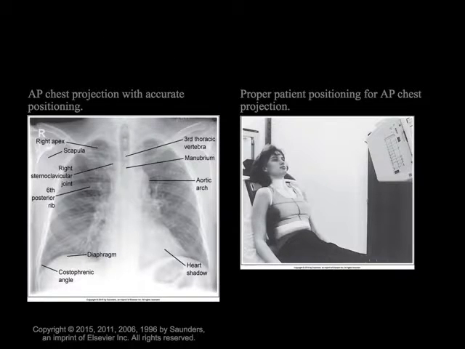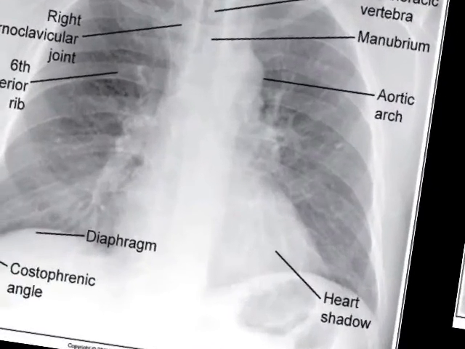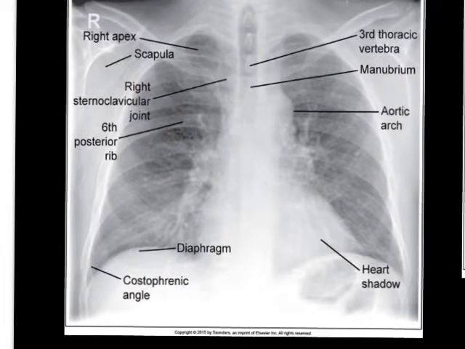Okay. This is page 510, 511 in our textbook. This image looks very similar to our PA, of course. So let's zoom in just a little bit. But we'll notice the heart is enlarged in comparison to the PA. And we see the clavicles projected a little bit higher.